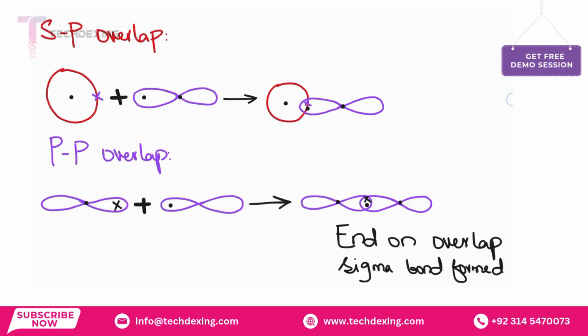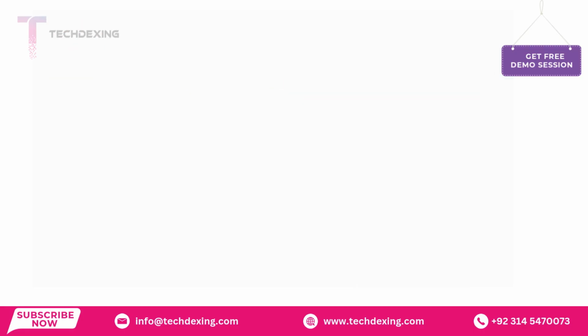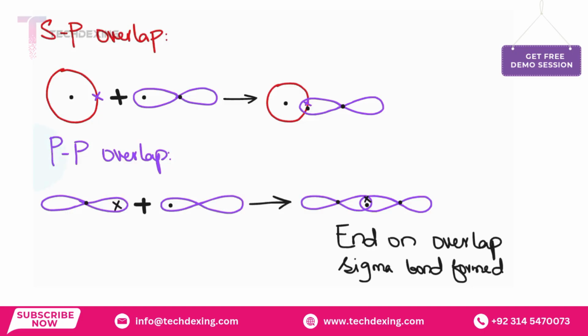So now move to the next slide. Now we can talk about the next type of overlap between the two p orbitals. So it is again the overlap between the two orbitals. In order to differentiate from the previous one, move to the previous slide. Now we can talk about the p and p overlap, but we would write along with it p and p end-on overlap.